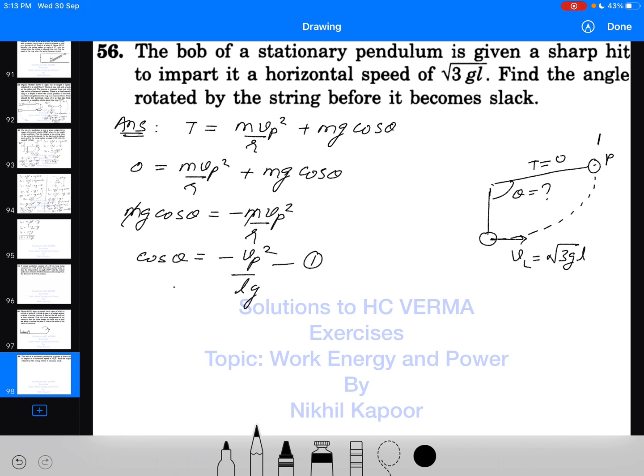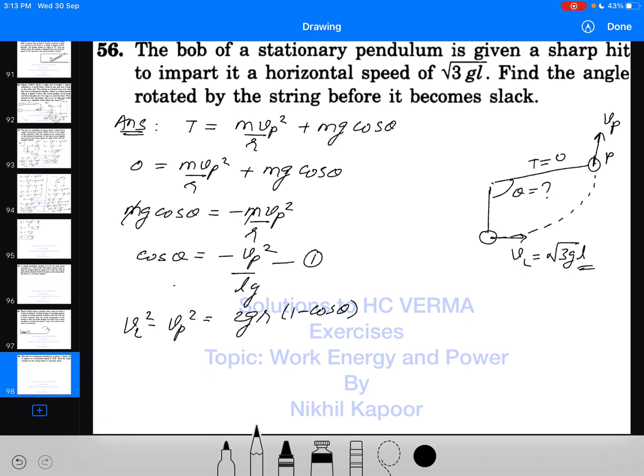First we need to find the speed at position p. The speed at the lowest position is known to us, and we have to find the speed at any position p. So we use the relation v_L square minus v_p square is equal to 2gl into (1 minus cos theta). The velocity at the lowest position is root 3gl, so squared it becomes 3gl minus v_p square is equal to 2gl minus 2gl cos theta.